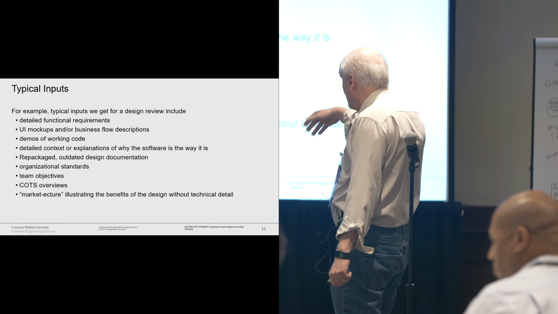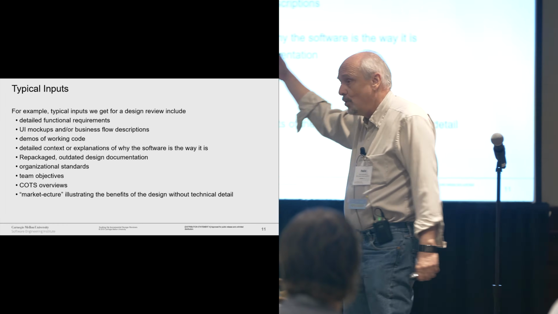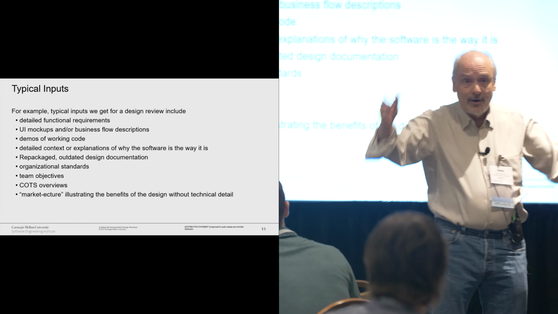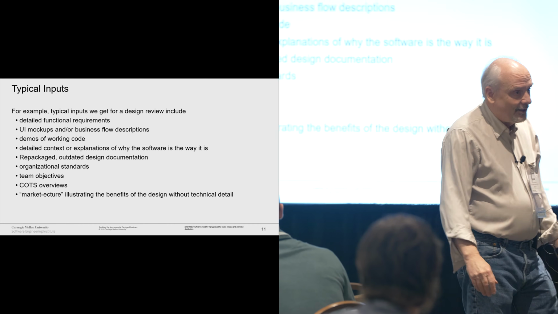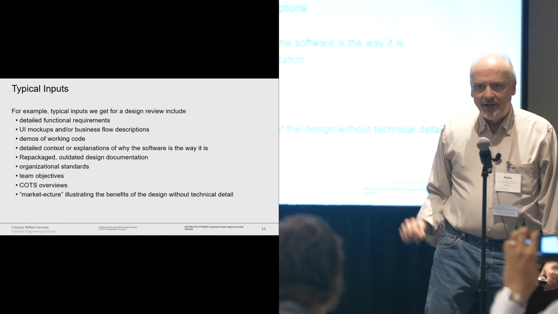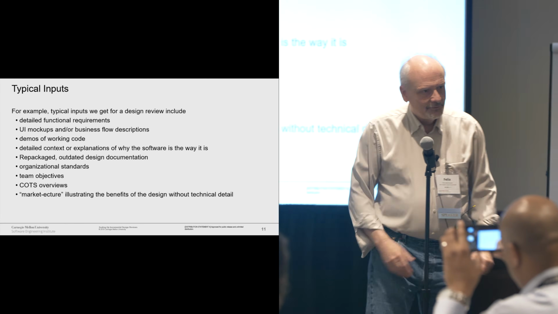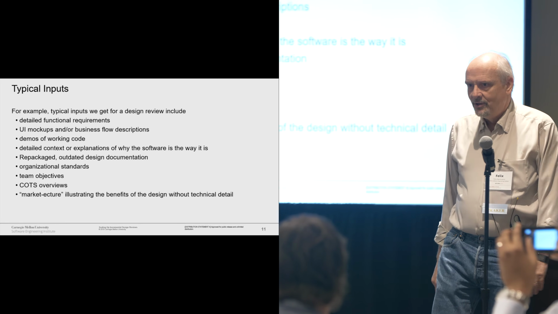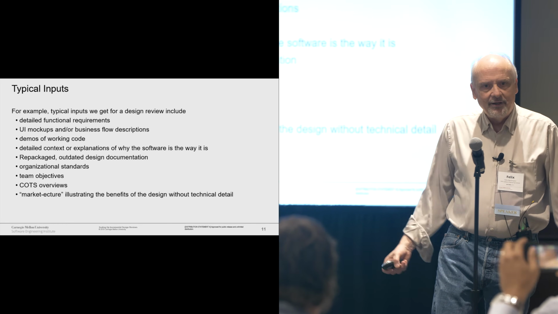So things like functional requirements, UI mockups, there might be a design document, there might be a UML model, there might be just PowerPoint, you name it. All these artifacts might be available, or none of it. That can happen too.